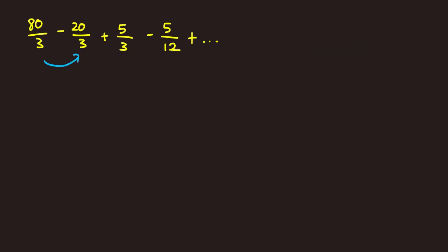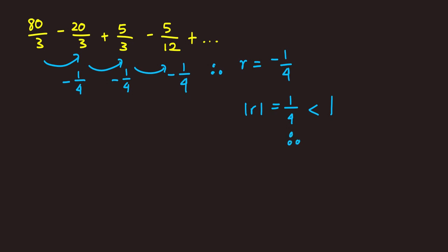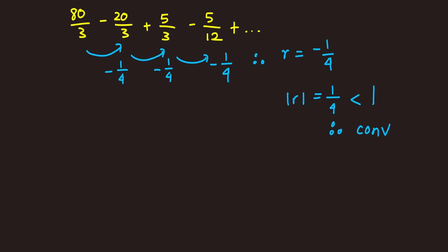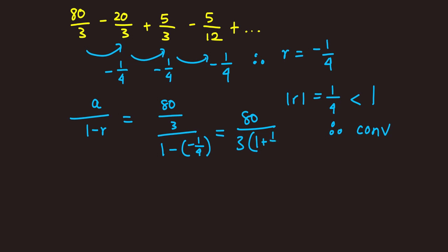For this example, you can see that all the terms are changing by a factor of negative 1/4, so you can make that your r, and since r is negative 1/4, the absolute value is going to be less than 1, so our series converges, and you can find the exact value at which it converges by using the first term over 1 minus the ratio, and you can get 80 over 3 times 1 plus 1/4, and inside the bracket I guess is 5/4, so you can simplify that.